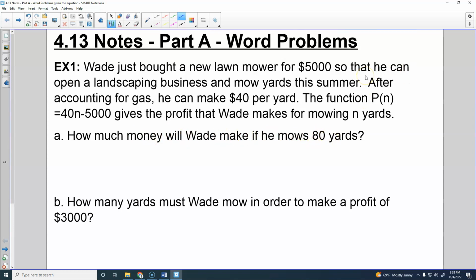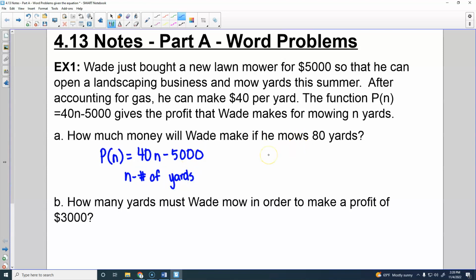Now, the ones we're going to look at today, they give you the equation. So even if you don't understand all of this, you don't have to write the equation. We know P of N equals 40N minus 5,000, and it told us N was the number of yards, right?